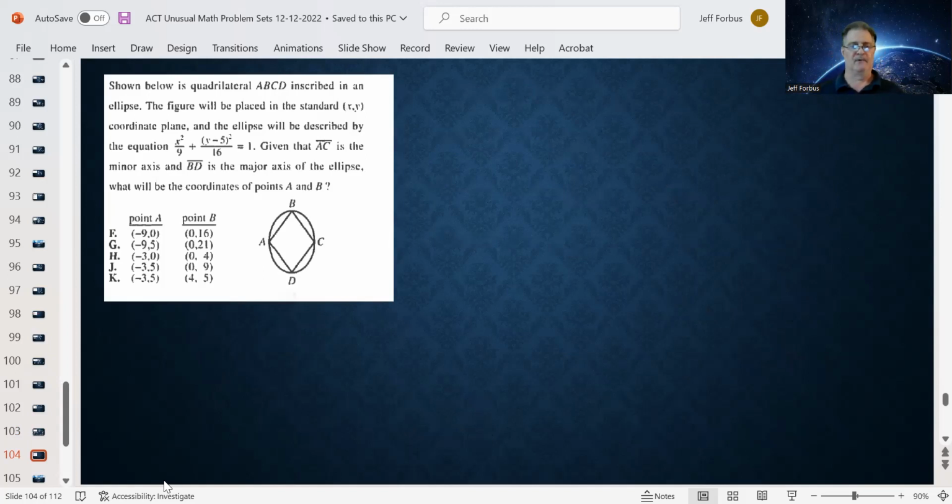Our lovely, lovely ellipse. Okay. Shown below is a quadrilateral ABCD. It's inside the ellipse. Now, the figure will be placed in the standard coordinate plane. So we're going to put it in a coordinate plane.